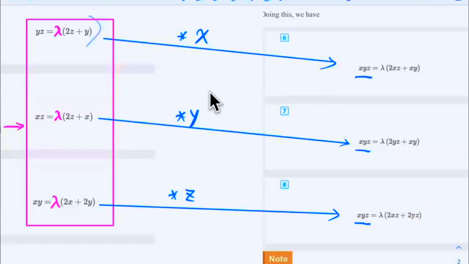Another common way to solve those equations is to isolate the lambda, okay? So you can solve for lambda. Lambda equals this over this, lambda equals this over this, and then after you solve for lambda, you can set them equal, okay? So that's another way to do it.